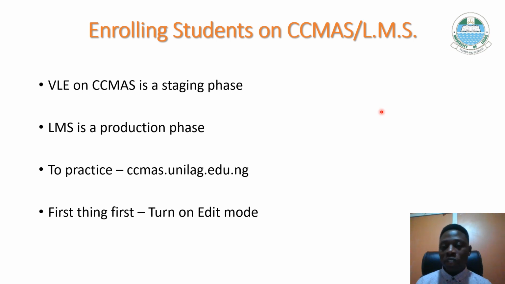You should understand that the virtual learning environment on CCMAS is a staging phase where you can practicalize, do trial and error, make mistakes and correct them. But the LMS is a production phase, wherein everything that you have practicalized, you should be able to put on your LMS without trial and error. That is why CCMAS is there for you to do trial and error, while your LMS is to perfect it.